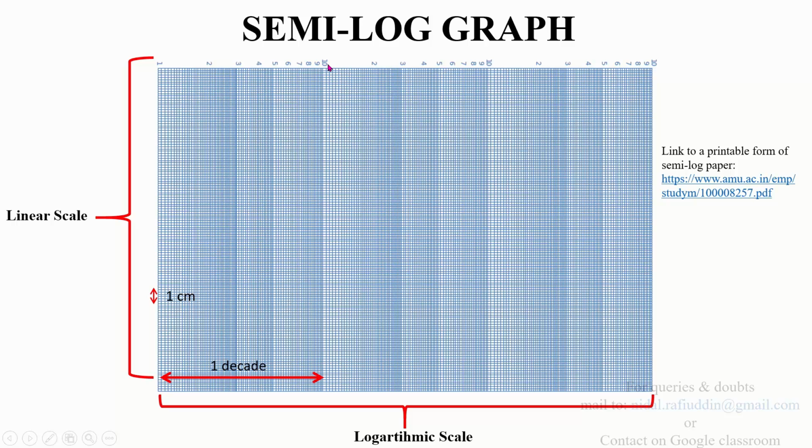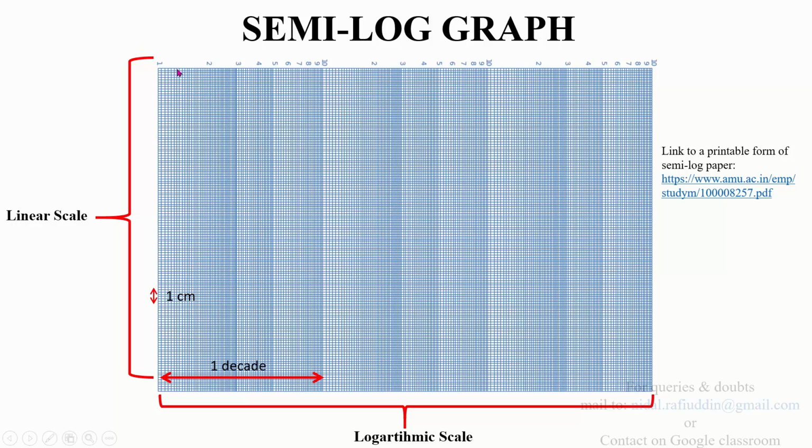up till 10. Then again, starting from 10, you have 1, 2, 3, 4, 5, and again 10. The x-axis is a representation of a logarithmic scale on paper, which means that if you start from 1, then this point corresponds to 10.